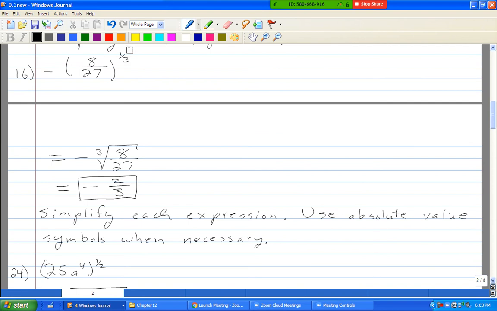So I have an exponent of 1/3. And so an exponent of 1/3 is just the same as a cube root. Well, what's the cube root of 8? 2, because 2 times 2 times 2 is 8. What's the cube root of 27? 3, because 3 times 3, 9 times 3 is 27.